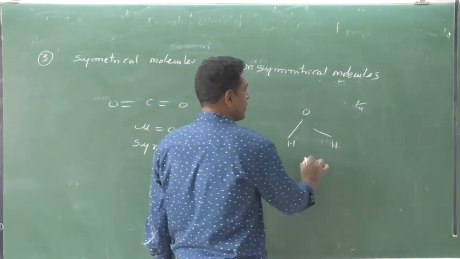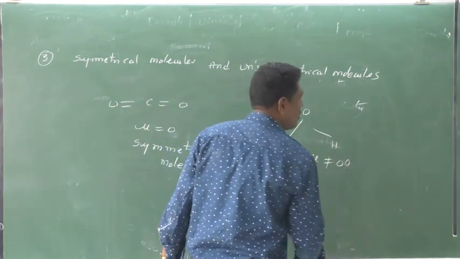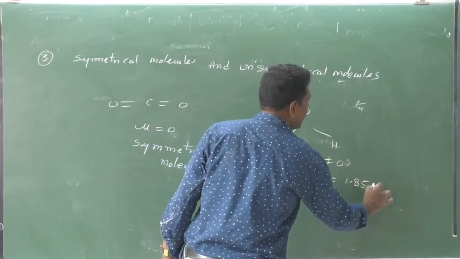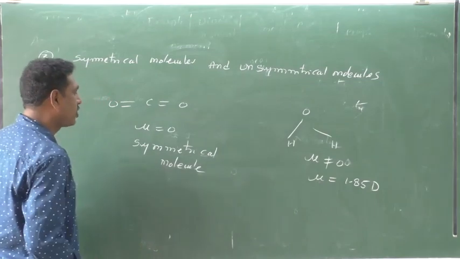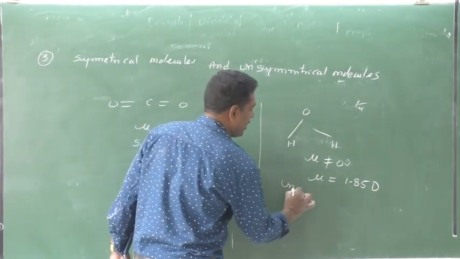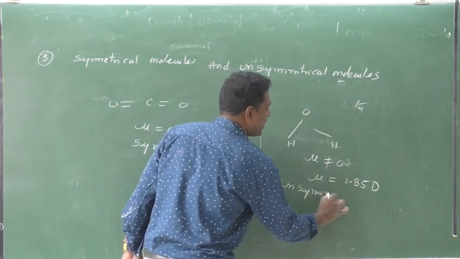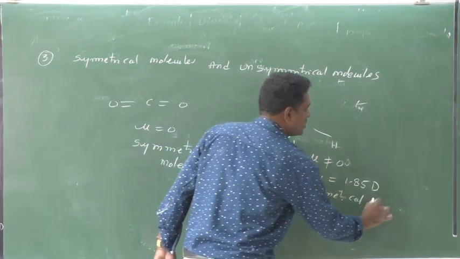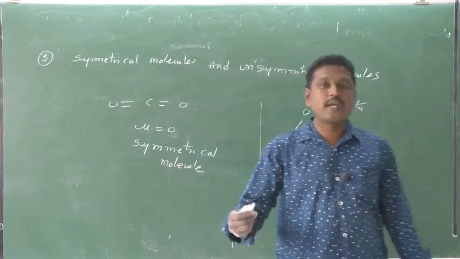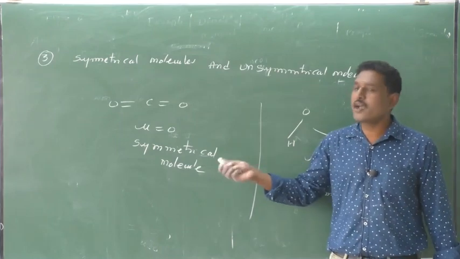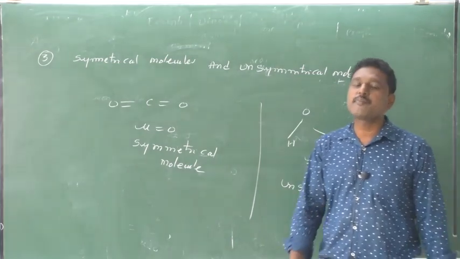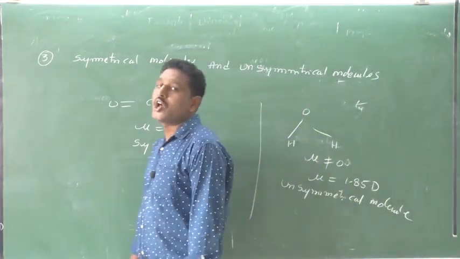H2O is mu not equal to 0. Therefore, mu equal to 1.85 debye. Therefore, it is an unsymmetrical molecule. By knowing the value, if the molecule has mu not equal to 0, then that molecule is non-symmetrical.